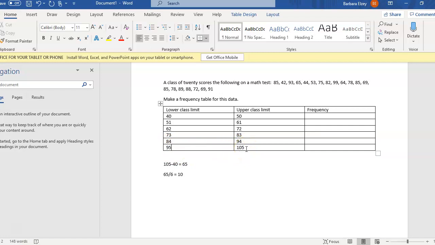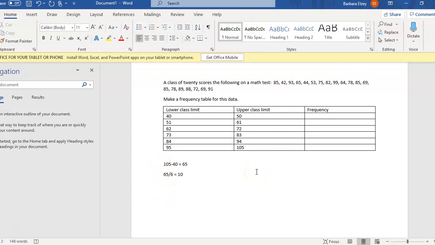So now that I've made these classes, I'm going to go through and I'm going to see which scores fall within these lower and upper limits, and that will determine my frequency for that class. Now, it helps if you take this data and put it in order, and then you won't miss one.